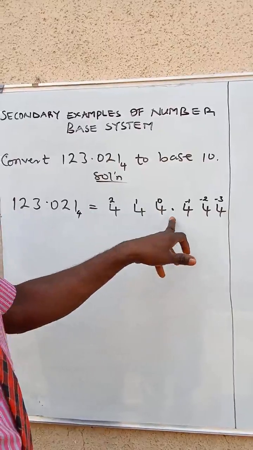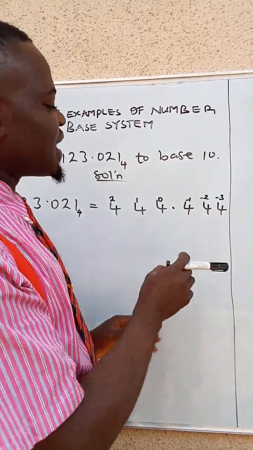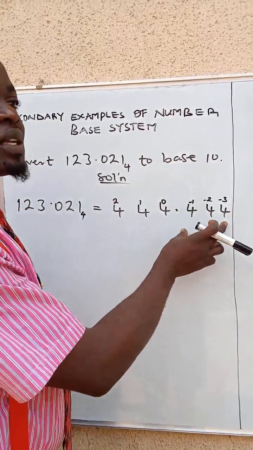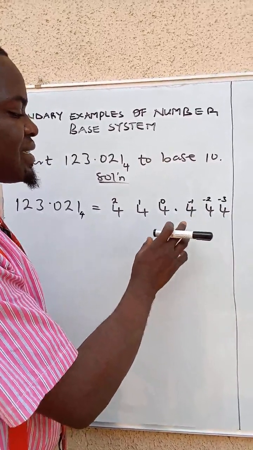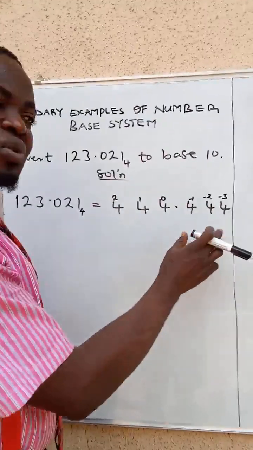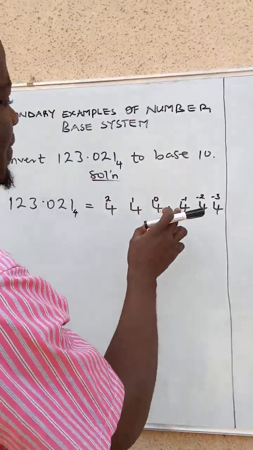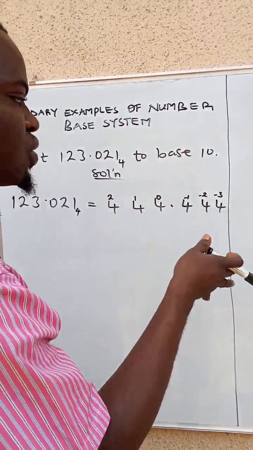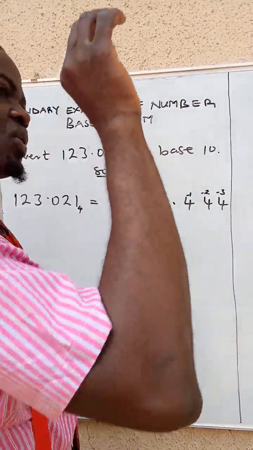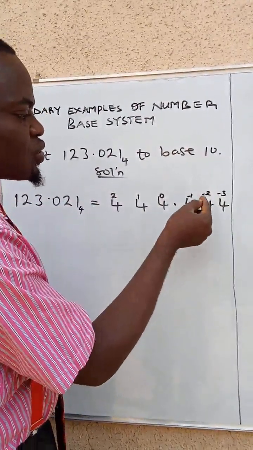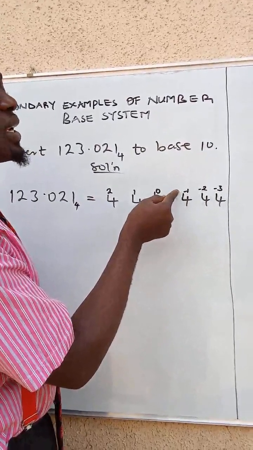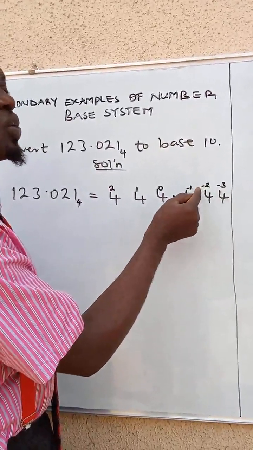You know, after the point, the powers are negative. I cannot say this thing is 444. It's a mathematical error. They are counted 4, 4, 4. You can't say 444. It's not even up to 0. So you start from -1, -2, -3, and it's going down. You know that -2 is smaller than -1. -3 is smaller than -2.